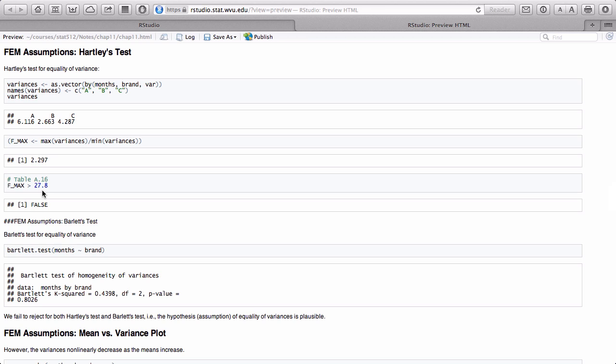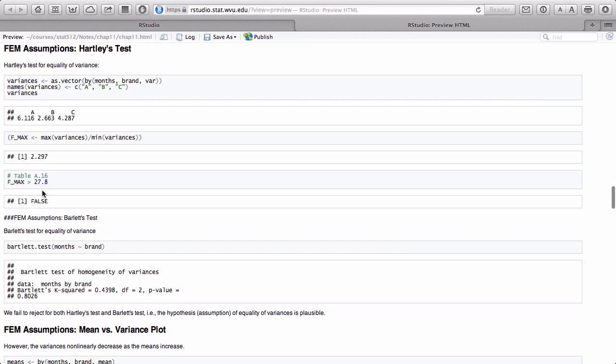That's huge. In other words, it seems like my assumption of the equality of variance is a little bit questionable. If I take the ratio of the largest to the smallest, the largest is about 3 times as great as the smallest. So you might think you'd reject, but you don't. The reason is this test is not very powerful. It takes a huge difference in variances to reject.